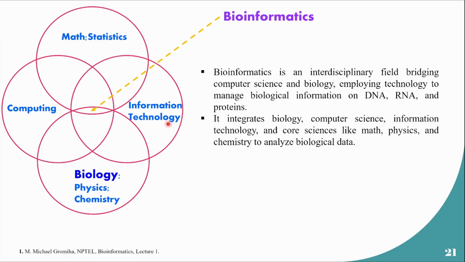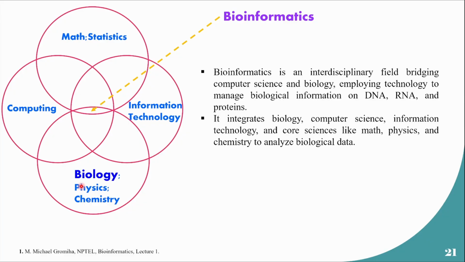Of course, we have IT, information technology, and last but not least, we have to rely on the fundamental sciences. The main crux here is biology, because without biological data there would be no bioinformatics. However, biology is not alone in this fundamental science part.